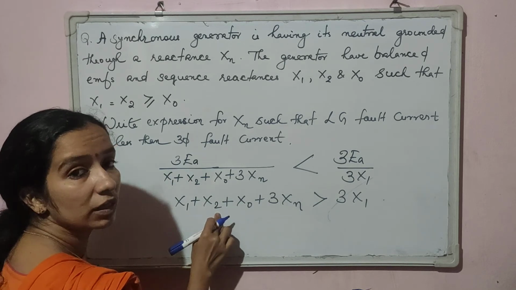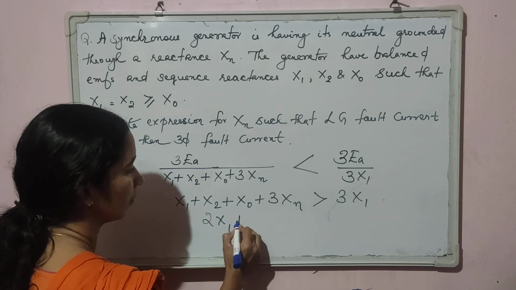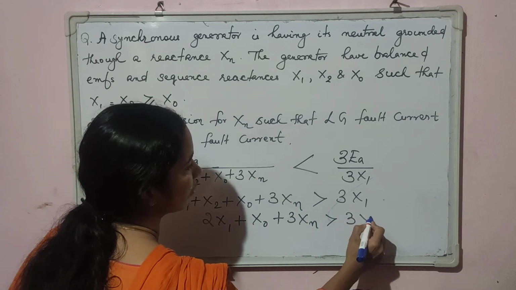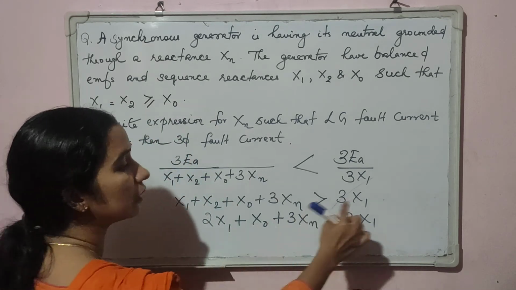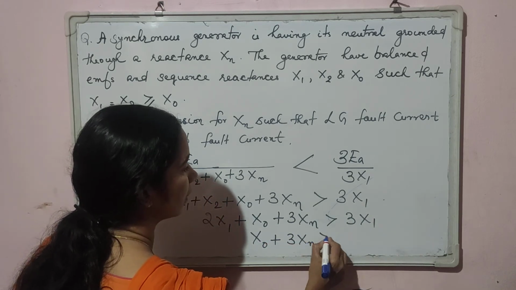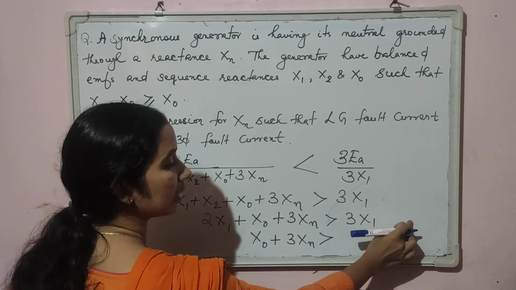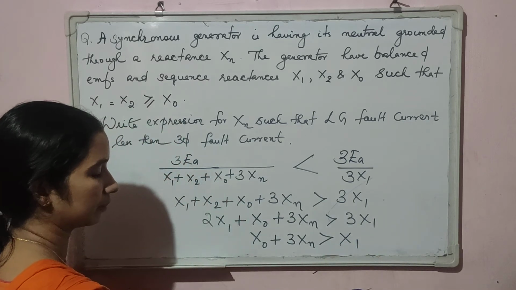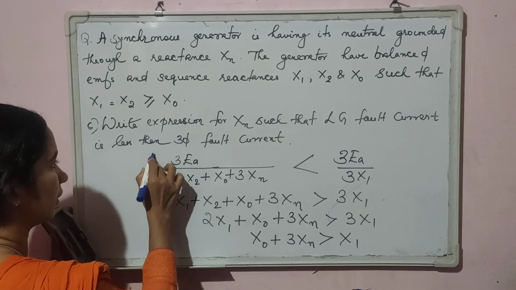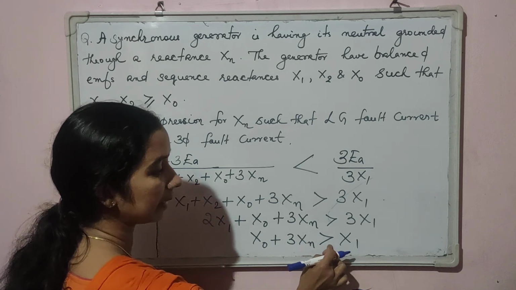So X1 plus X2 plus X0 plus 3Xn is greater than 3X1. Now X1 is equal to X2, so this is 2X1 plus X0 plus 3Xn greater than 3X1. We take 2X1 to the right hand side, where it becomes minus 2X1. So X0 plus 3Xn is greater than 3X1 minus 2X1, which is X1.